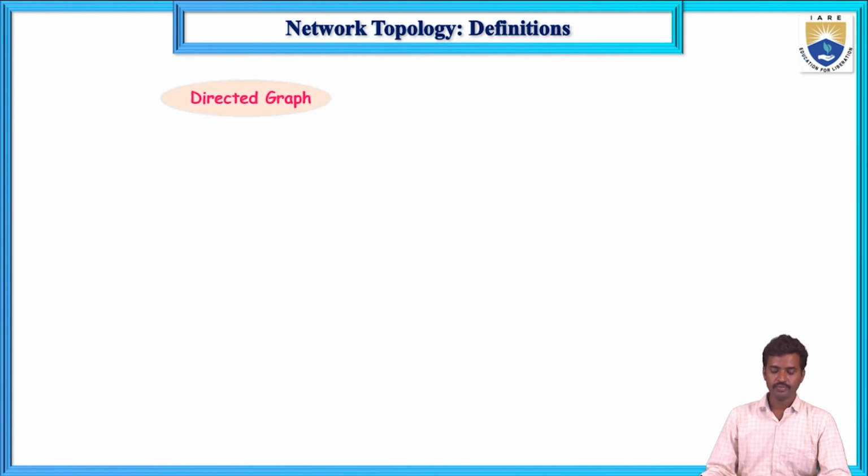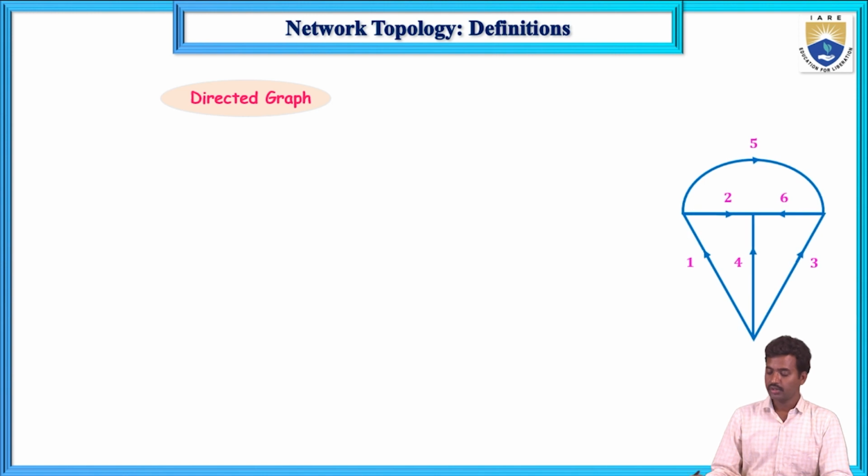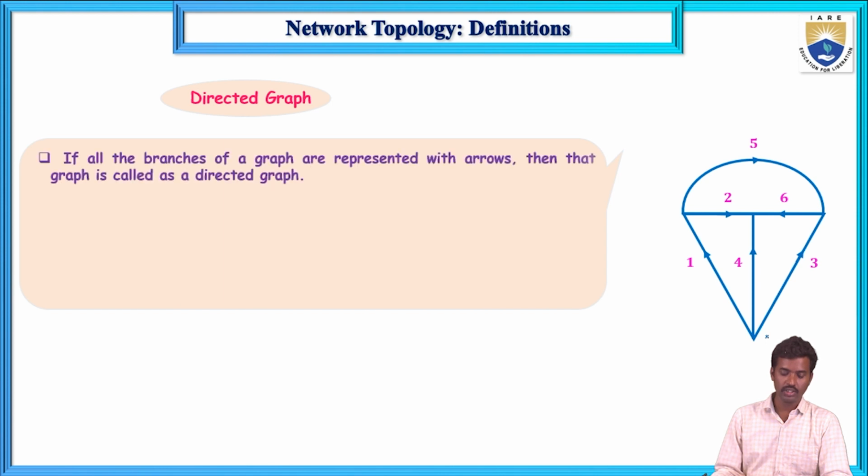So now here directed graph. What is meant by a directed graph? A directed graph means the graph consists of branches and nodes, with the branches having directions. Here this is the graph. It is having directions from one node to another.